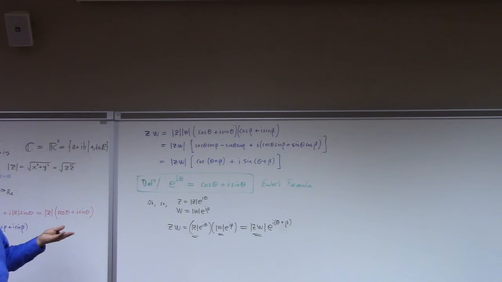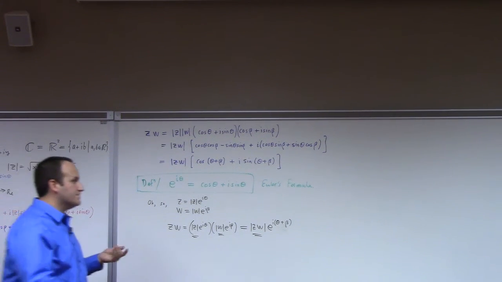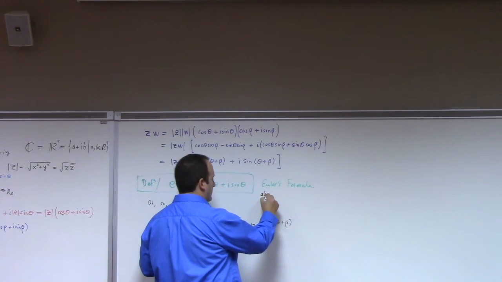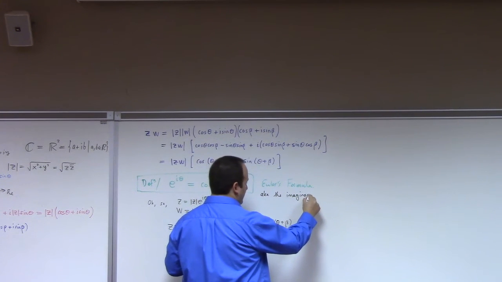So what we have is something really neat. We have a law of exponents for this so-called imaginary exponential. I think the term imaginary exponential pretty much explains itself, right?